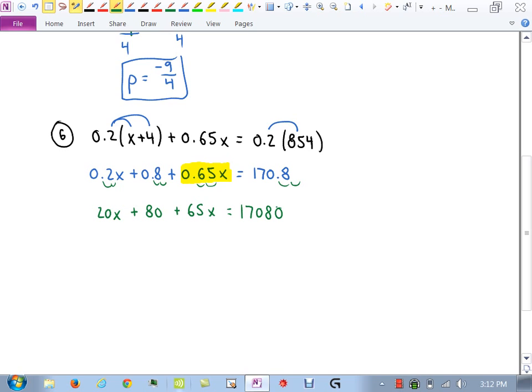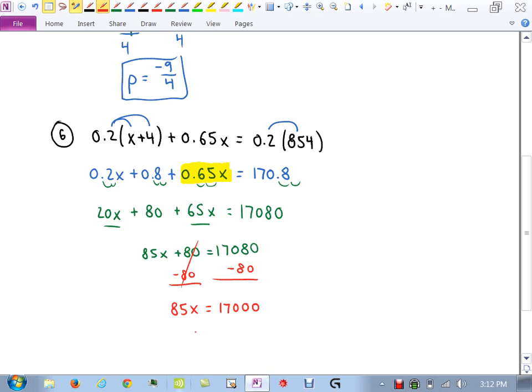So 17,080. Now on the left side, I will put my x terms together. That gives me 85x plus 80 equals 17080. I will subtract 80 on both sides. Cancels, so I got 85x equals 17,000.